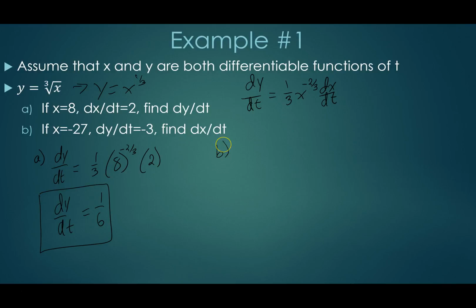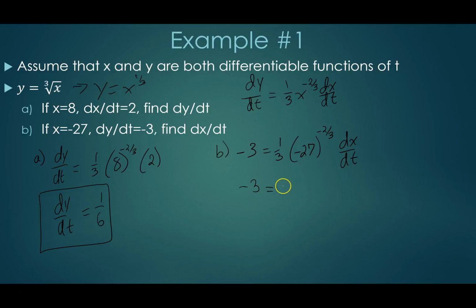Then for option B, same concept, only this time dy/dt is given as negative 3. We're told x this time is negative 27. We want to use this information to solve for dx/dt. So in this case, we need to evaluate the 1/3 times negative 27 to the negative 2/3 power.